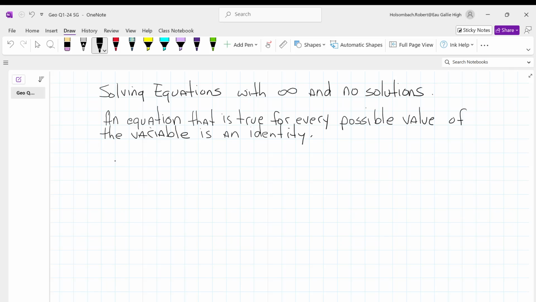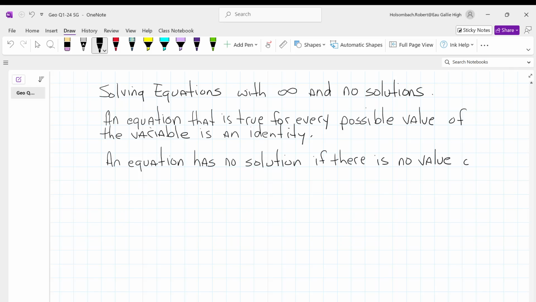And an equation has no solution if there is no value of the variable that makes the equation true.